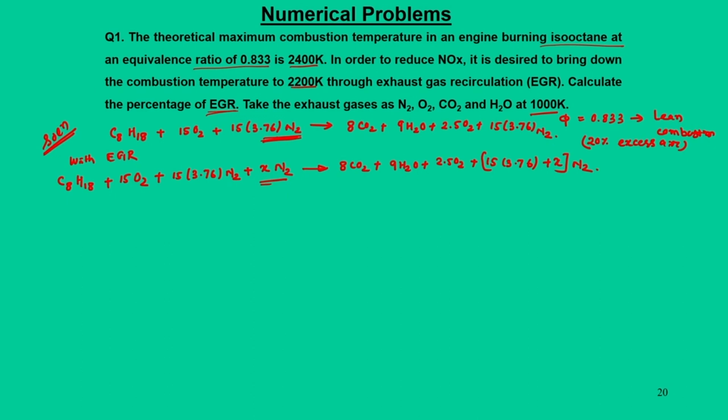To do that, we have to recall the equations: the enthalpy of reactants and products has to be matched. We can write the equation as the summation of Ni (hf° plus delta h) for products, and this product is at 2200 Kelvin, and that has to be matched with the reactants, the summation of Ni (hf° plus delta h).